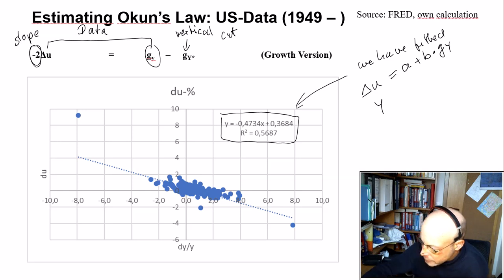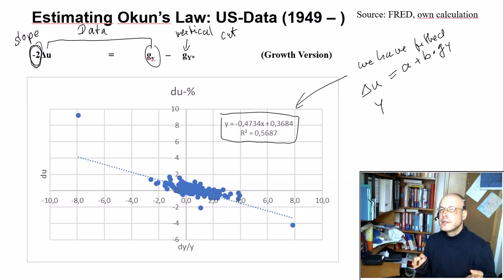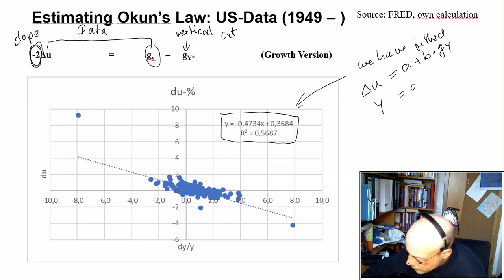So we have not directly this number which we are interested in. What is it over the whole time series compared to the time period when Okun fitted his data? Remember, this was, I think, in 1962, and now we are 60 years later. So y equals a plus bx.